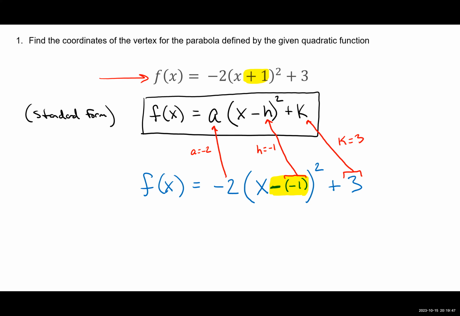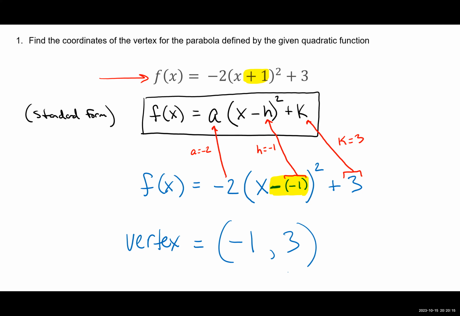So once you have a number times parentheses, x minus a number squared plus a number, once you have your function set up in the same way, the same model as this standard form, you've got your vertex. So the vertex of this parabola is the point h comma k, which is -1 comma 3.